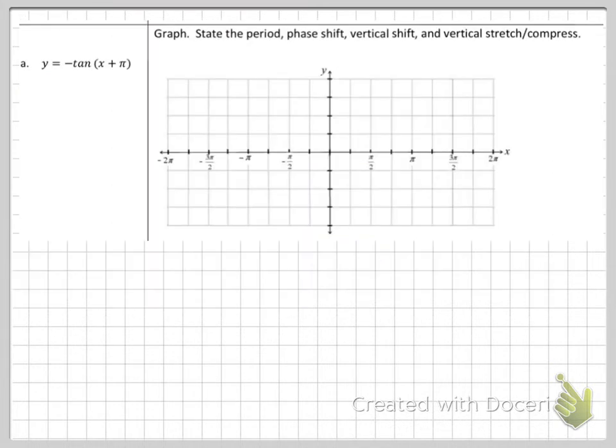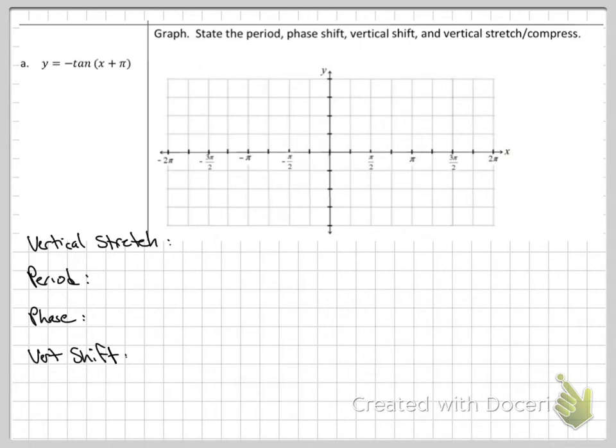Okay, so example A. Our answer blanks change a little bit for tangent. Tangent does not have an amplitude. It doesn't have a hill and a valley. It has a vertical stretch, just like parabolas and everything else do. It does have a period. It does have a phase. And it does have a vertical shift.